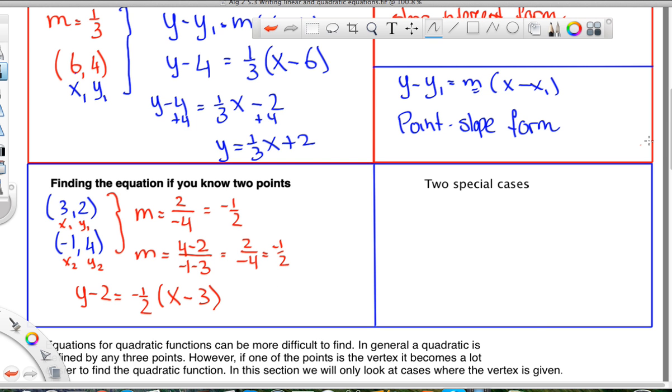There are 2 special cases, and they deal with vertical and horizontal lines. So let's look at a coordinate grid real quick. What if we had a vertical line through 2?